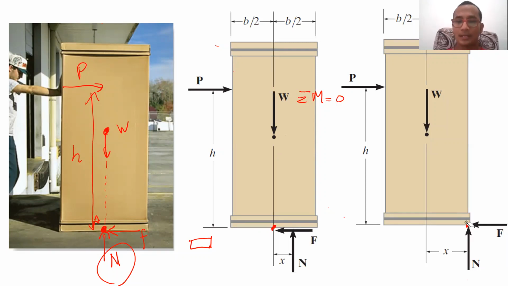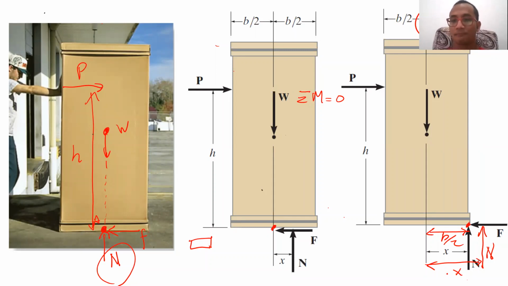Then if you calculate for the x and the result of the x is more than the p over 2, for example, like this is the normal force, it means that tipping is already happening because it's not possible to have x bigger than p over 2.